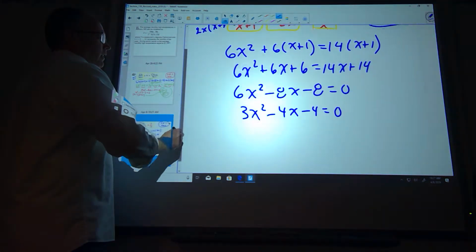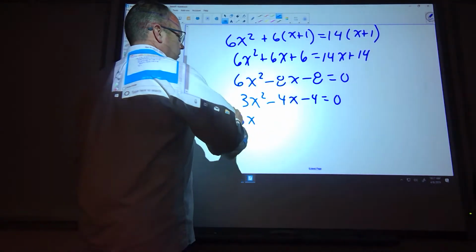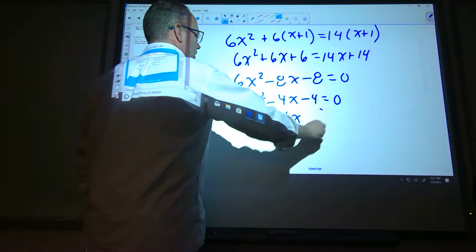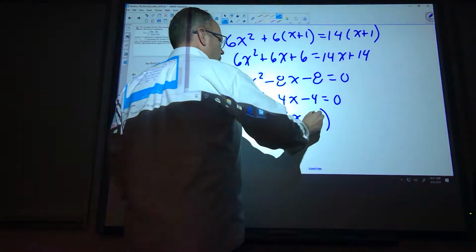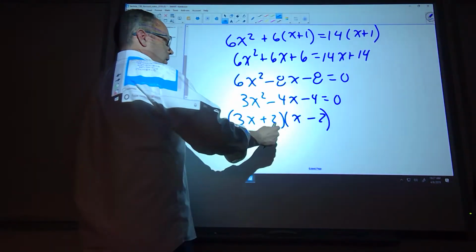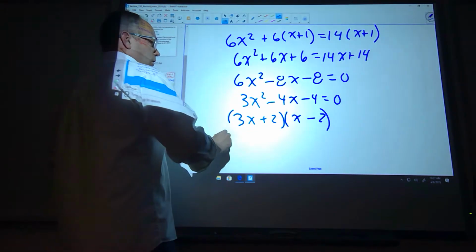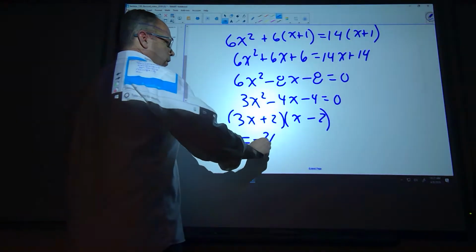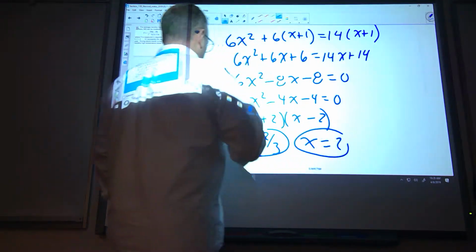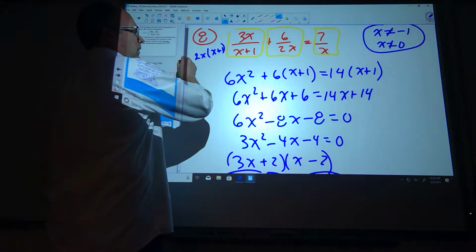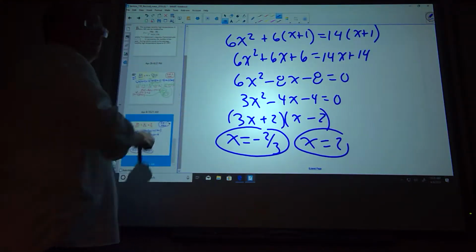And let's see if we can factor this. Let's see, I had 3x and x, and minus 2 and plus 2. Does that work? Yep, that's it. So x equals -2 over 3, and x equals 2. Did those goof up any of our things? Nope. Those are our answers.